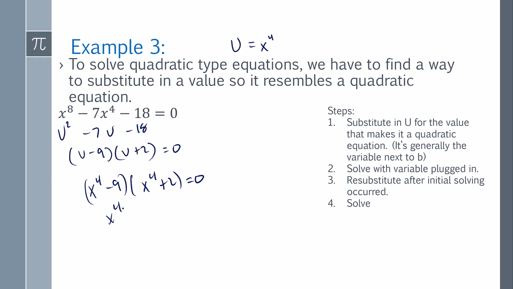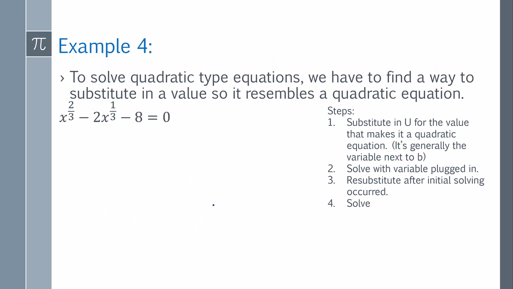So then x to the fourth equals 9. X to the fourth equals -2. Fourth root both sides. So you're going to get the fourth root of 9 plus or minus. And then you're going to get the fourth root of 2 plus or minus. And then, because you can't have a negative inside of the root.